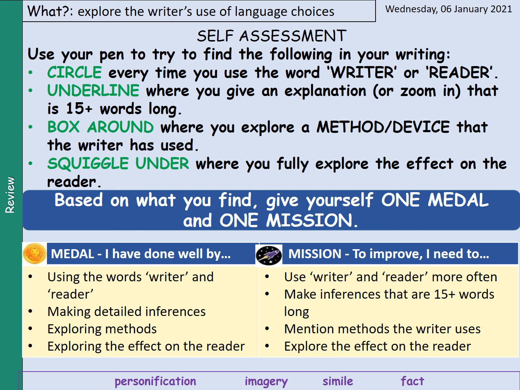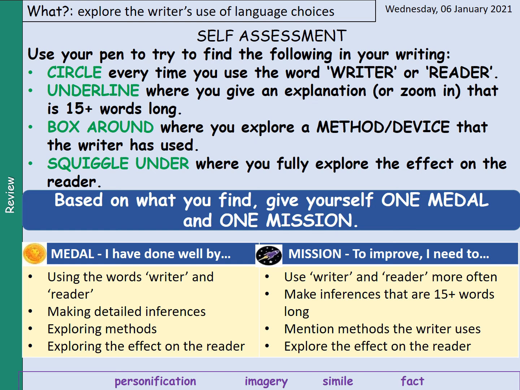Underline where you've given an explanation or your zoom in that is 15 words or more. Put a box around where you explore a method or a device that the writer has used, and you can do a little squiggle under where you fully explore the effect on the reader. So these 4 steps should really help you clearly identify how you've structured your PEE paragraph.